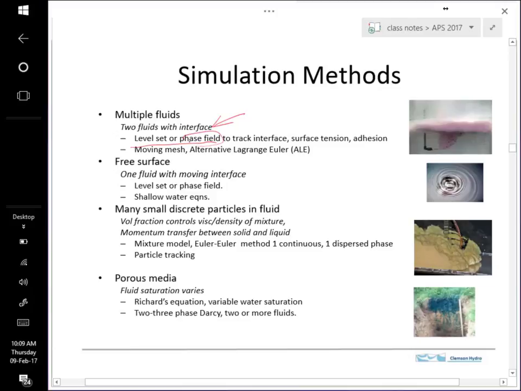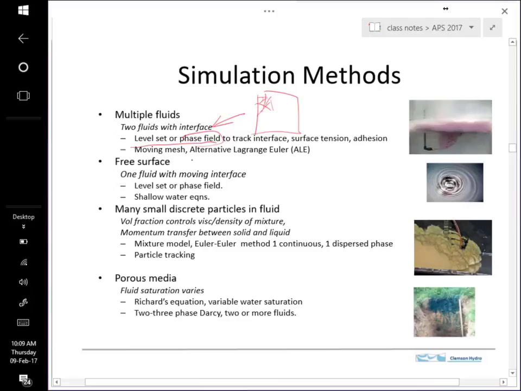This introduces a new variable that is used to help basically track the interface between the two fluids. So with this level set method, we have a problem domain, we put in our mesh, and we solve it, and we have these two fluids moving across the mesh.